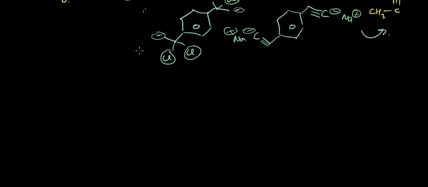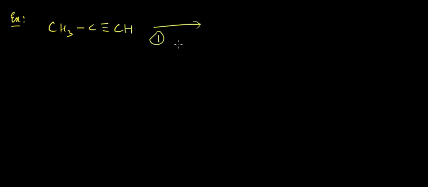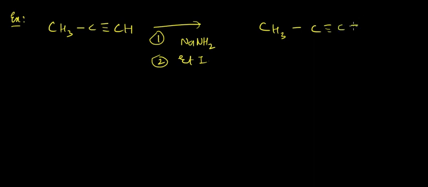Okay, let us look at another example where we have something like this. This undergoes first reaction with NaNH2 and second with EtI to get converted into something like this, where we have CH3, C double bond C and CH2CH3.